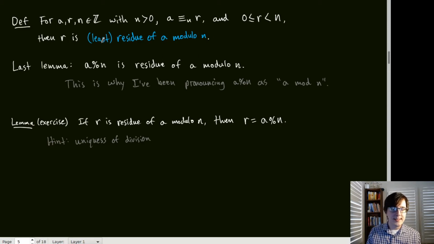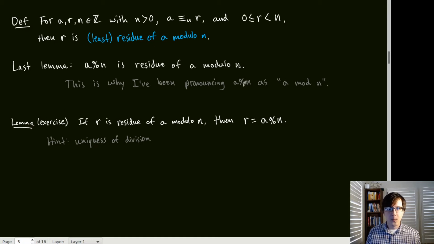I'm putting least in parentheses because sometimes people say least residue instead of just residue, but whenever I say residue, I'm going to mean this number in this range. So the last lemma says that when we take the remainder after division, then that remainder is the residue of a modulo n. So residues do exist. And also, this is the justification for why I've been saying a mod n for the remainder up to now.